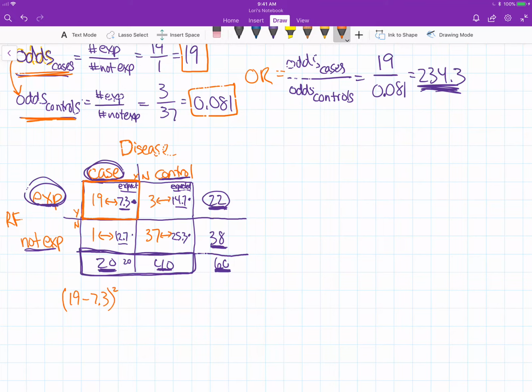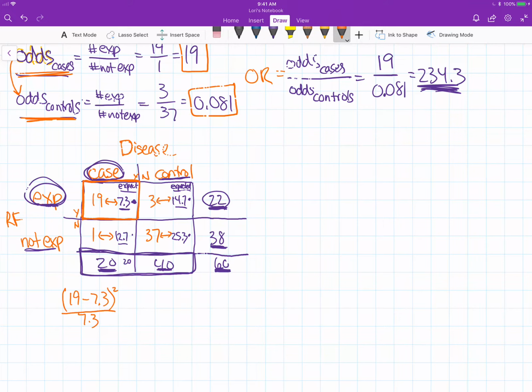The reason for squaring it is that if we didn't, all the plus numbers and all the minus numbers would cancel out with each other. Squaring gets rid of the negative and positive: all negative numbers squared are positive, and all positive numbers squared are positive. Then we also want to see how big that difference is relative to the expected number, so we use 7.3 in the denominator.